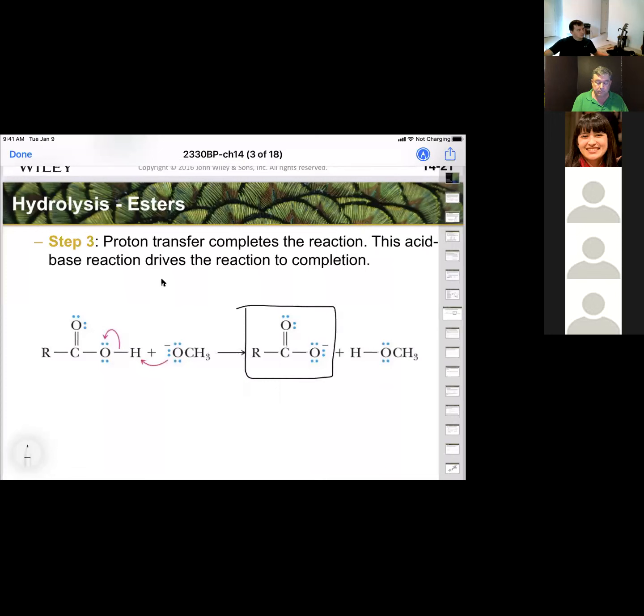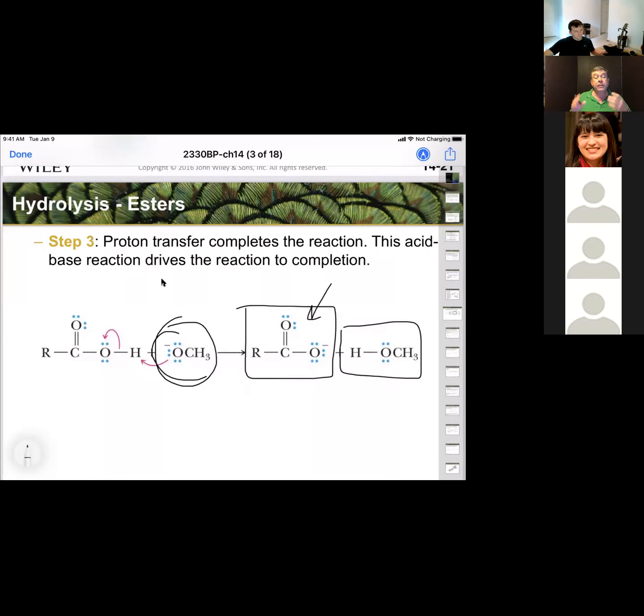And then, I'm sorry, because the methoxide is the stronger base between the carboxylic acid and the alcohol, the methoxide is going to deprotonate the carboxylic acid, generating neutral alcohol and the salt of the carboxylic acid.